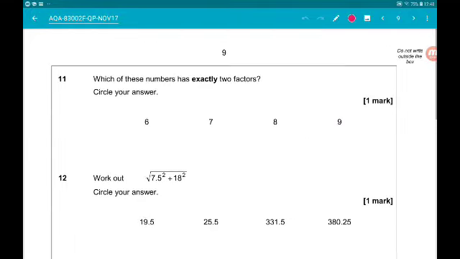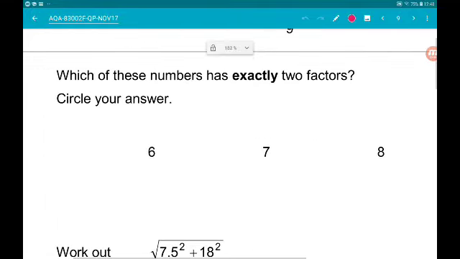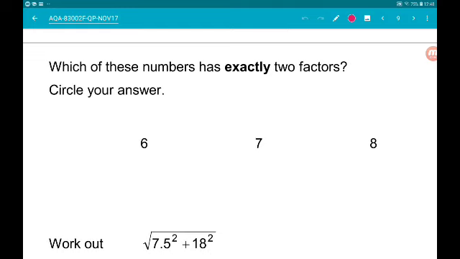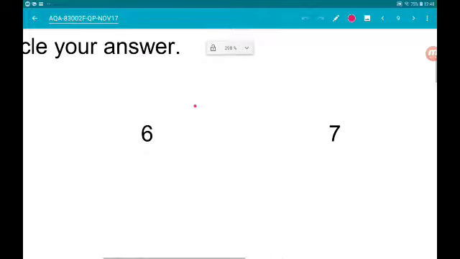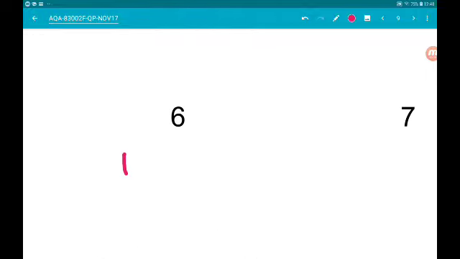Okay, number 11. Which of these numbers has exactly two factors? So factors are numbers that divide a number exactly. So the factors of 6 are 1, 6, 2, 3.